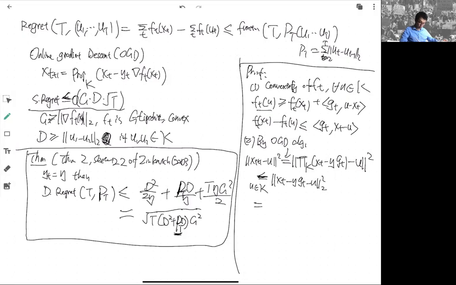This is equal to xt minus u squared, by simply expanding the quadratic term, plus eta squared gt squared minus 2 eta gt times xt minus u. This is the second thing that we need to use.